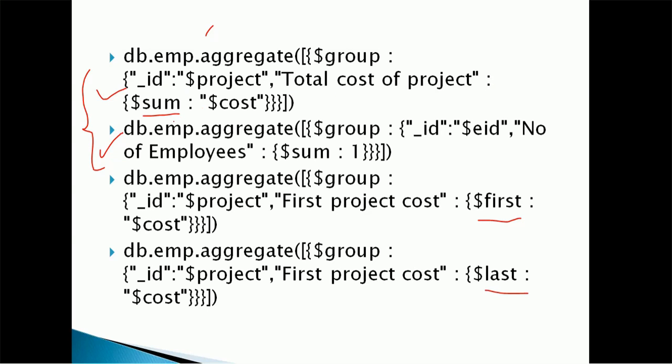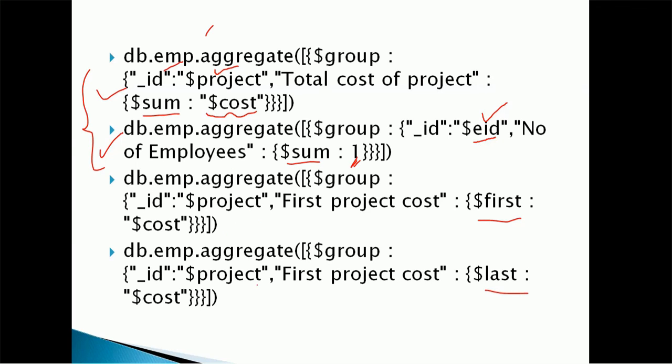Here is sum, and in front of that the value is given as dollar cost. Here dollar sum, and here 1. It works as counting. It will find the count of a specific criteria, like in an employee collection, how many employees are there with the same ID. In this case, in the employee collection, it is grouping based on the project, and it will find the sum of cost project-wise.